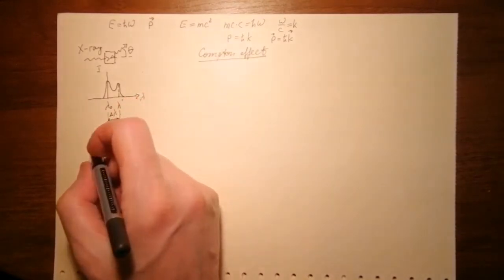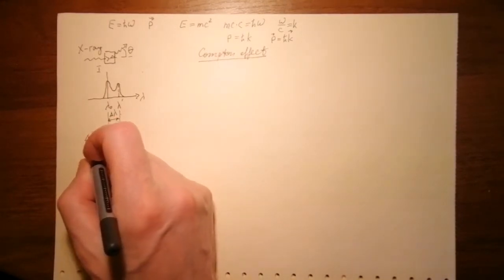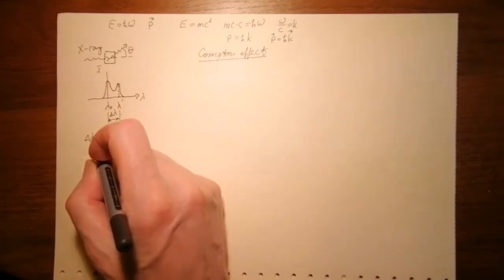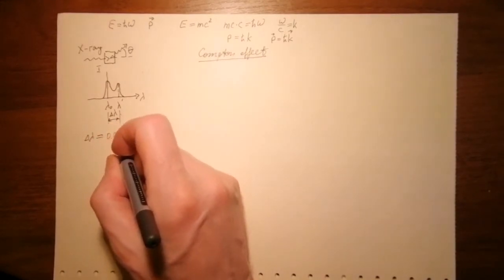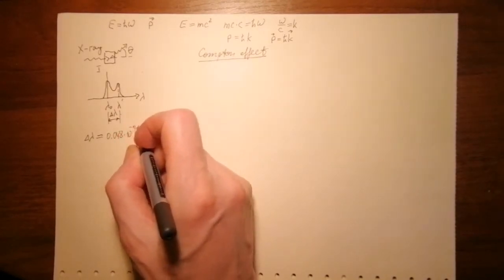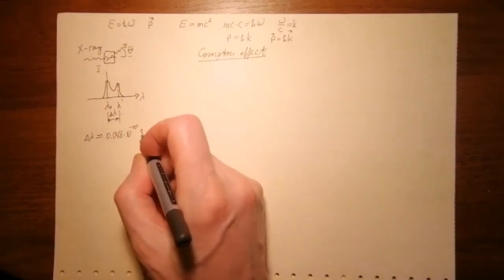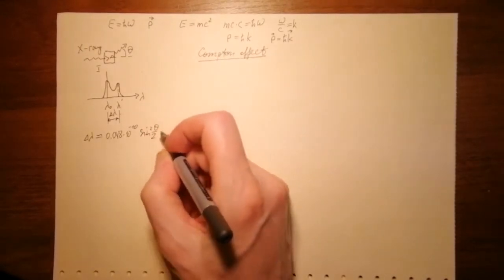From the experiment it was found that delta lambda, measured in meters, is 0.048 times 10 to the minus 10 times sine squared theta over 2.